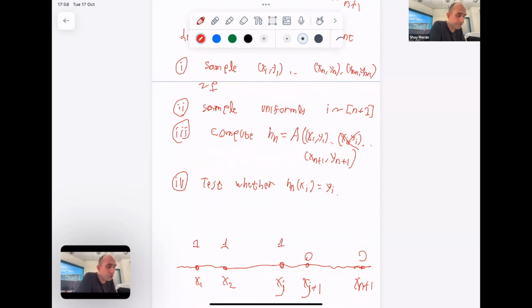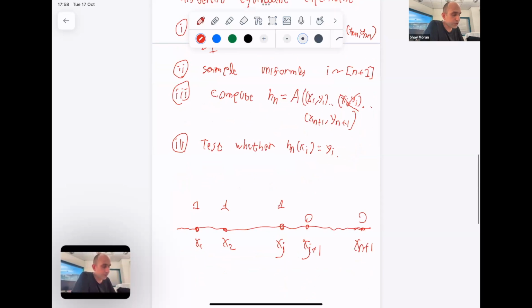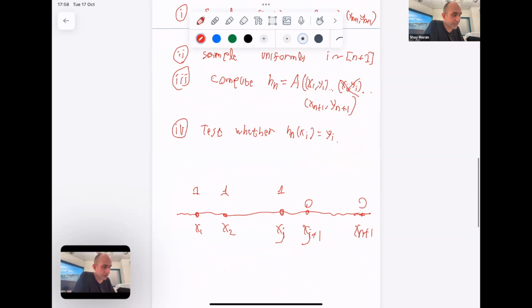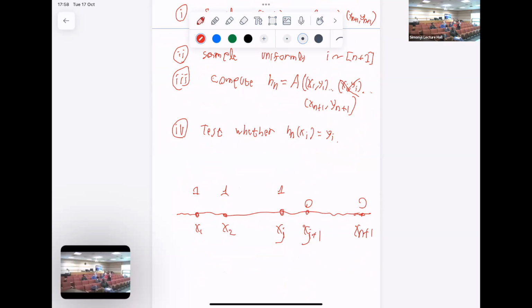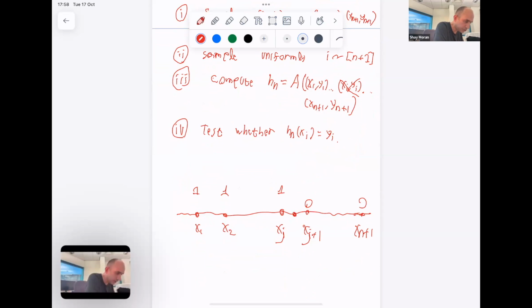And now what will happen? We will pick a random example from these n+1 examples. We will hide it from the algorithm, train it on the rest, and then test whether we make a mistake. What are the bad examples that, if we happen to pick them, the algorithm might make a mistake? Is x1, y1 a bad example? It's not, right? Because if we hide it, the algorithm will return the threshold corresponding to this guy, which will label x1 correctly. So there are only possibly two bad examples, which are xj and xj+1.